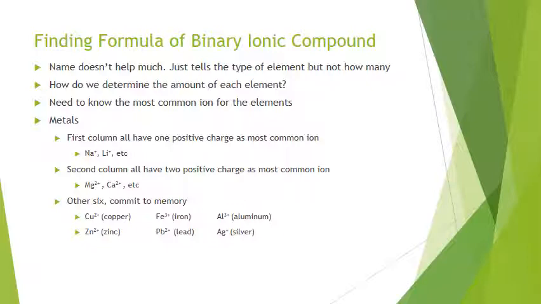So the first column, metals. Metals will always have positive charges. Non-metals will have negative charges. The first column will always have a 1 plus charge, and we leave off the 1. Now, 1 plus is different than plus 1. It means 1 positive charge. So don't write plus 1.